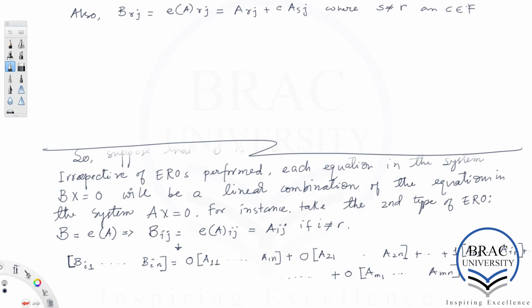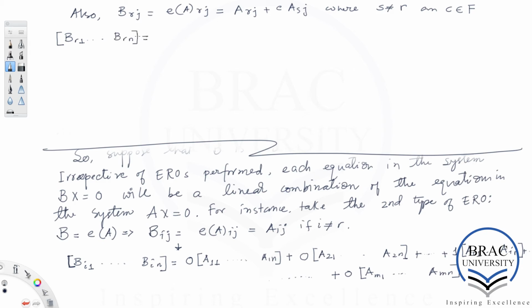Okay, so here we are concerned about the rth row of B now, which we write as BR1 all the way up to BRN.